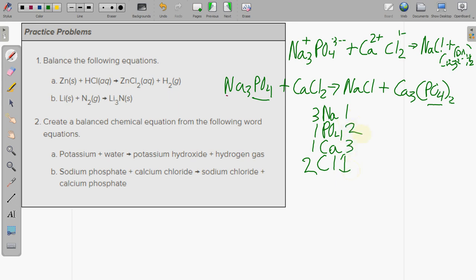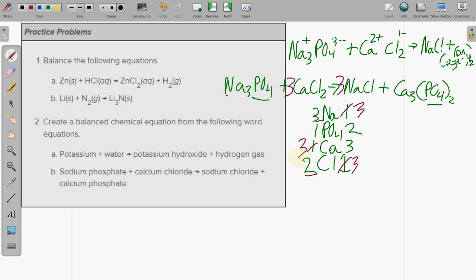All right. So then to balance this, I don't know if it really matters where we start. I noticed that I'm going to need 3 sodiums and 2 chlorines. So I'm going to put a 3 here, make that 3, make that 3. I'm going to need 3 calciums over here, so I'm going to put a 3 there. That's 3.